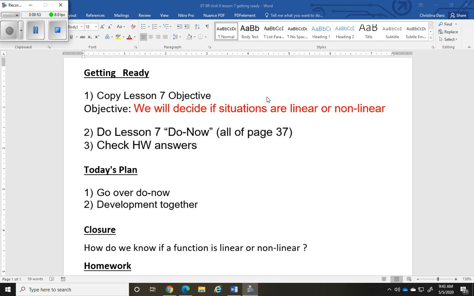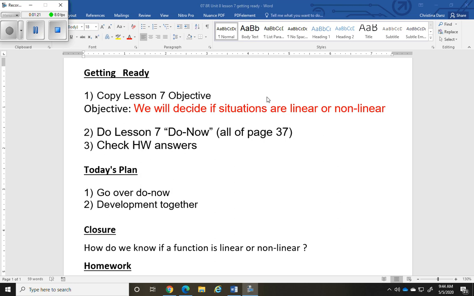If the exponent is something like 2, 3, 4, or 5, so on, then it's nonlinear. Also, what we saw in equations is that if the x variable is in the denominator, it happens to be nonlinear, and that's because when the x is in the denominator, its exponent is actually some negative value. So therefore, it's not a 1 or a 0.